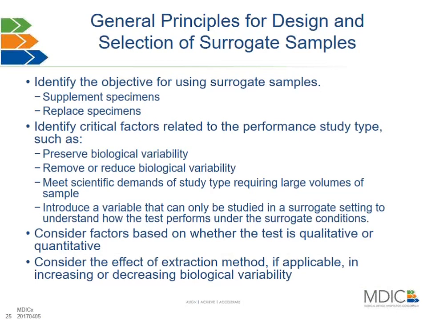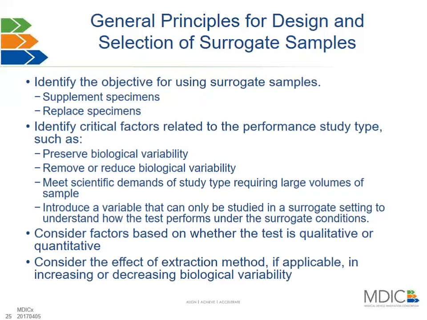After identifying the reason for using surrogate samples for a particular study type, the framework sets forth general principles to assess and help identify the factors that are most pertinent to the study in which the surrogate sample is being considered for use. One would first identify these factors before using the hierarchy described on the previous slide.